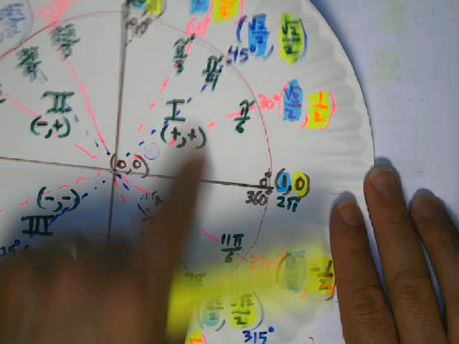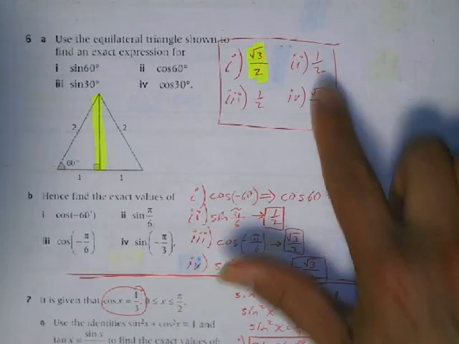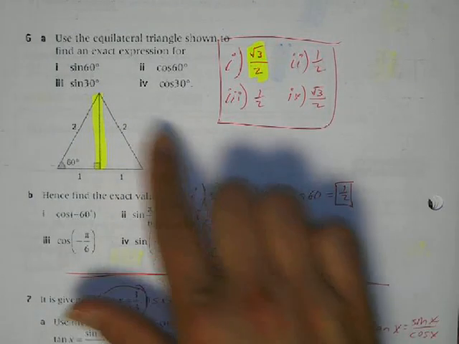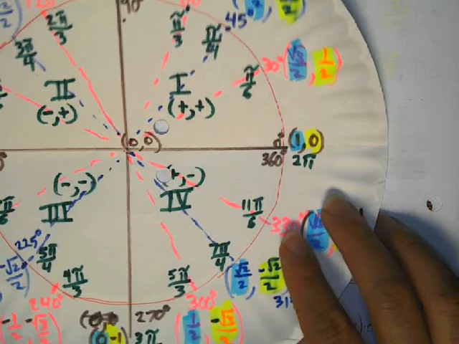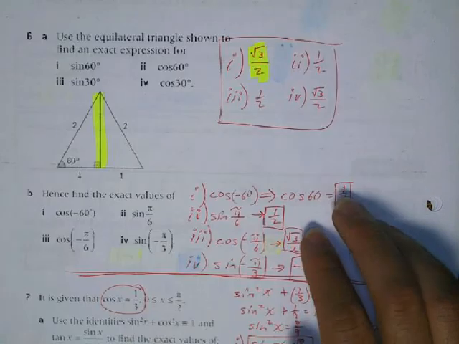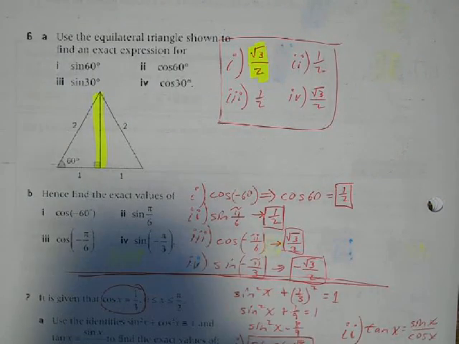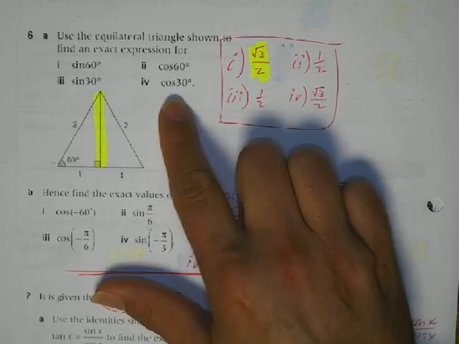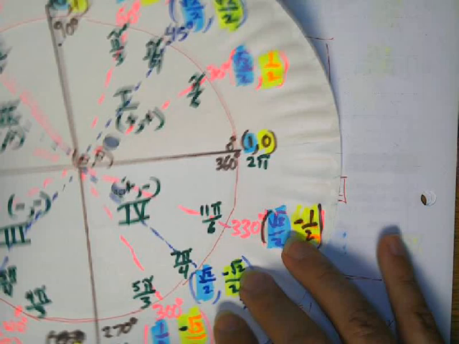Cosine of 60 is 1/2. That's what we have here. Sine of 30. Sine of 30 is 1/2. And cosine of 30 is radical 3 over 2.